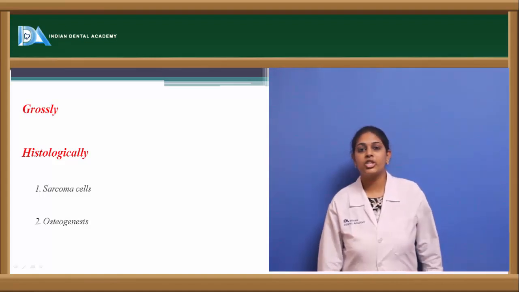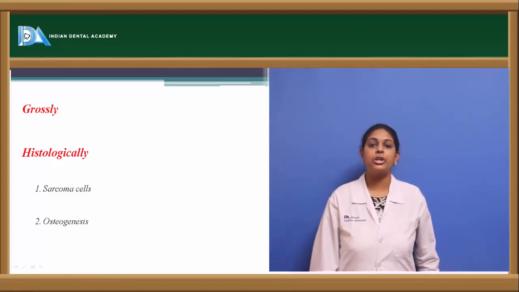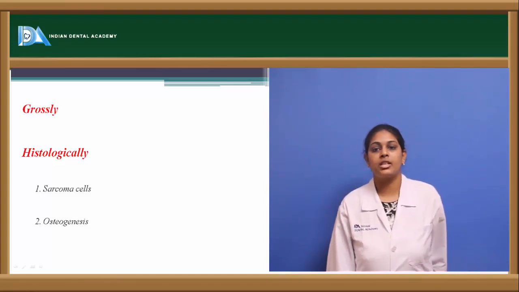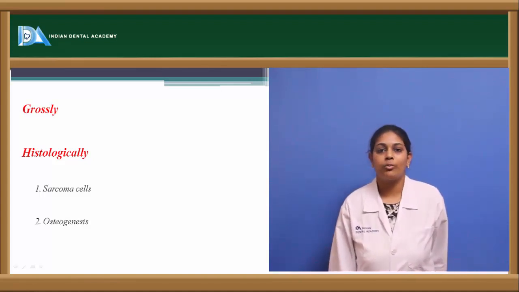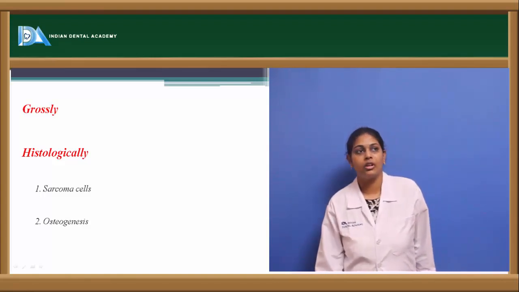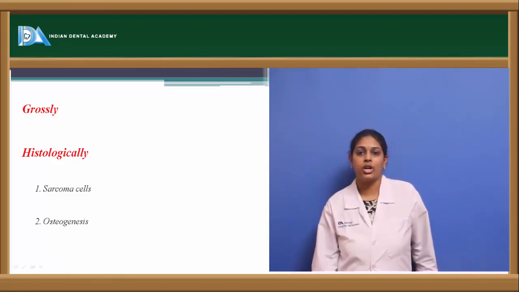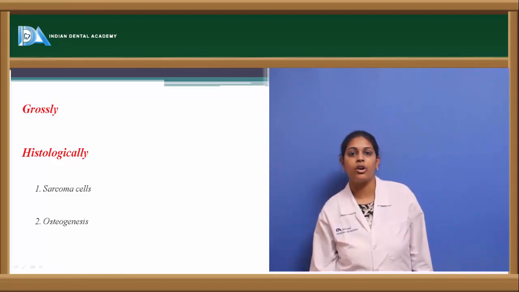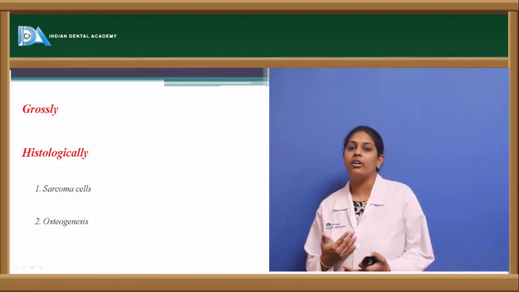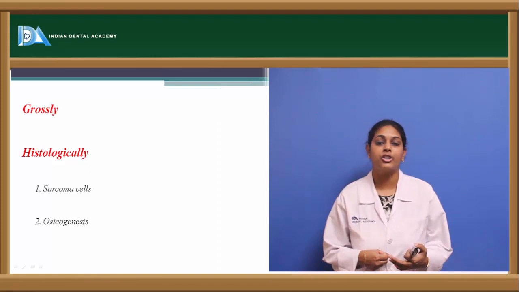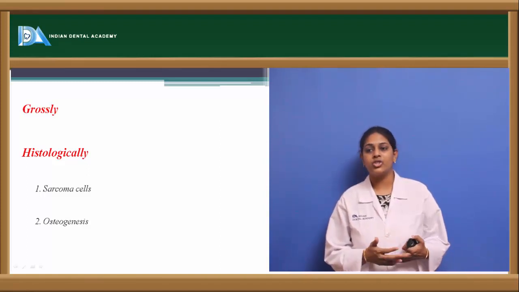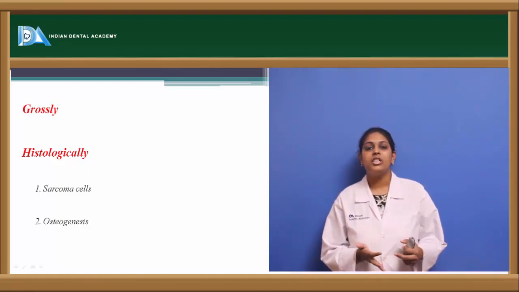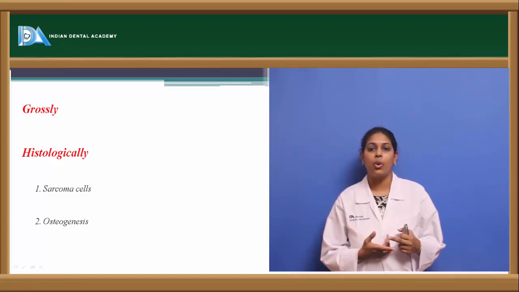The histological features of osteosarcoma of central or medullary type usually show the presence of sarcoma cells. These sarcoma cells are the neoplastic cells which lay down the osteoid matrix, and they are abnormal cells characterized by pleomorphism as well as polymorphism. That is, they may appear in varied shapes, such as spindle shape, round shape, or oval shape.